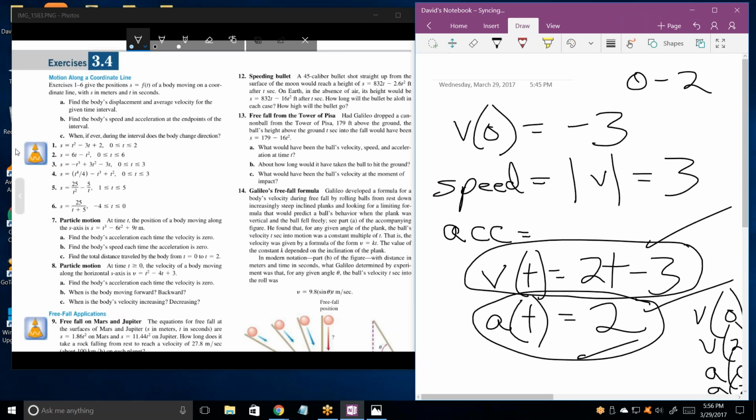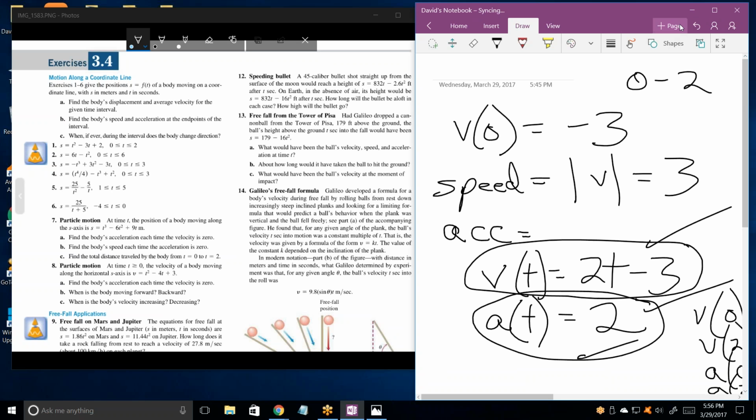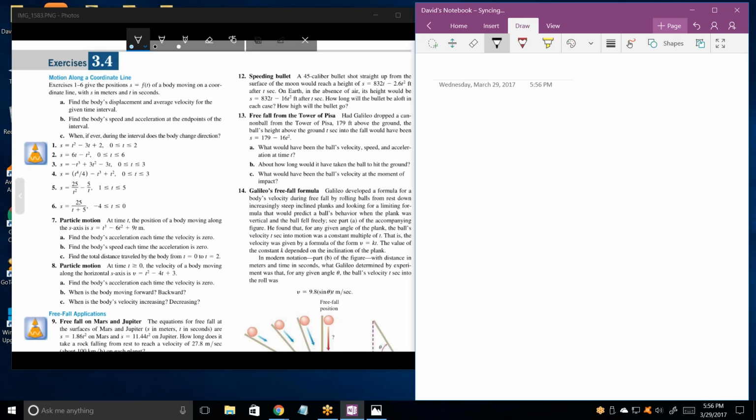So, when, if ever, during the interval does the body change direction? Well, if this is my position, our velocity function was 2t minus 3, right? What is the velocity going to be when I change directions?